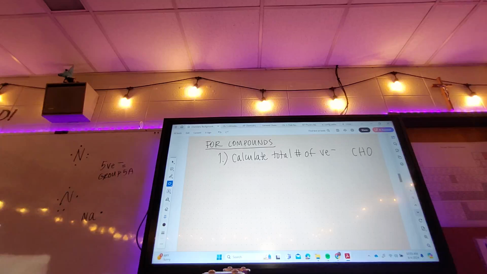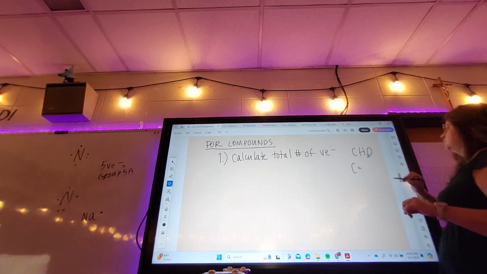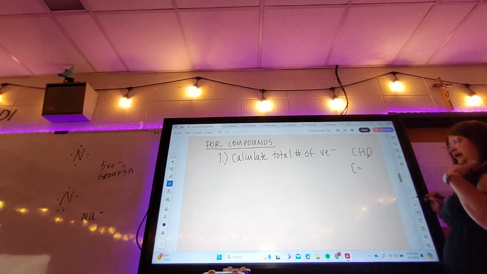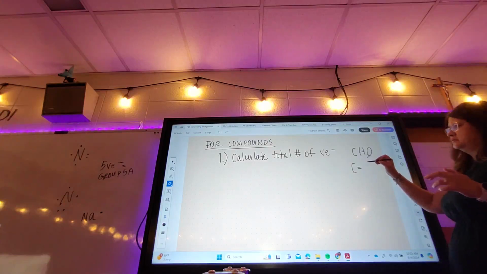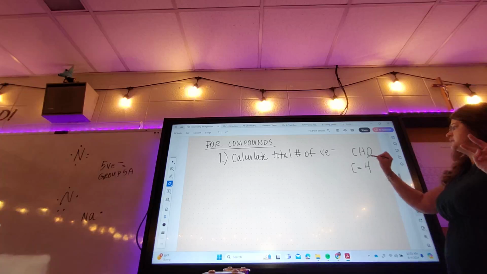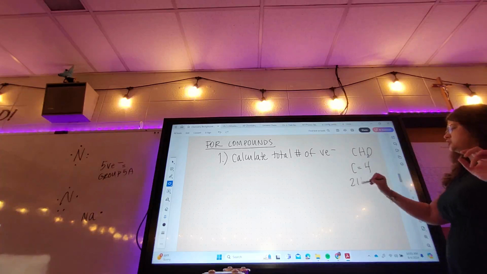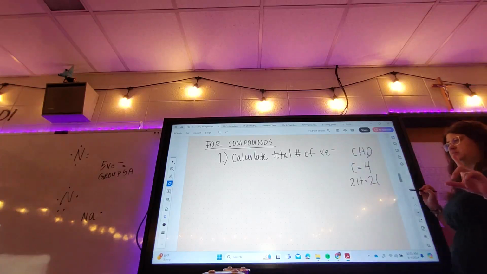In order to calculate the total number of valence electrons, we need to look at each element individually. So how many does carbon have? Let's do CH2O, my bad. How many valence electrons does carbon have? 4. Now, there are 2 hydrogens. That's what this means here in the compound. So if there are 2 hydrogens, we have to multiply whatever hydrogen's group number is by 2.